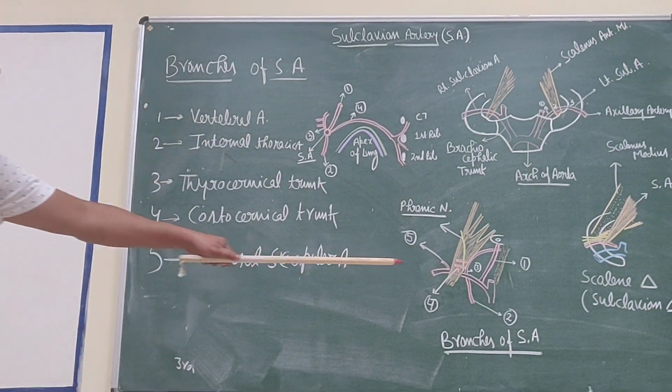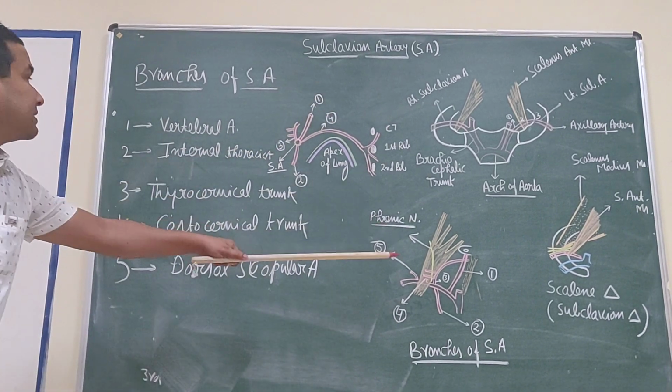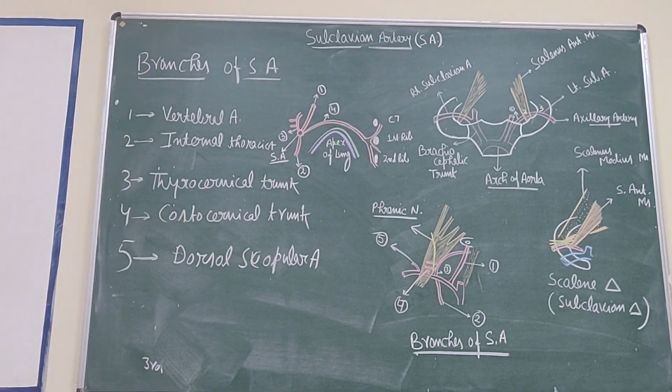These are the 5 branches given by this subclavian artery.